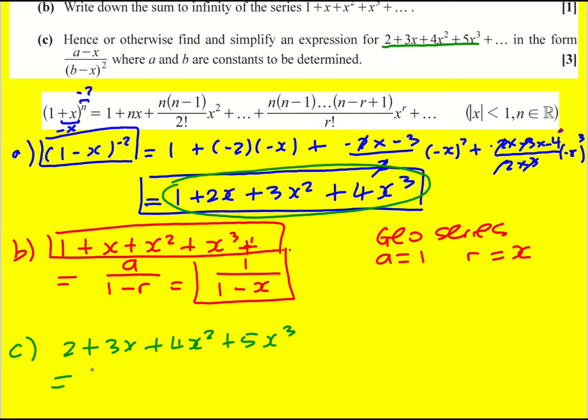So what I can do is write down 1 plus 2x plus 3x squared plus 4x to the 3 plus dot dot dot, and then see what I'm left with. And I'm left with 1 plus x squared, in fact, the series that I just figured out in part B.